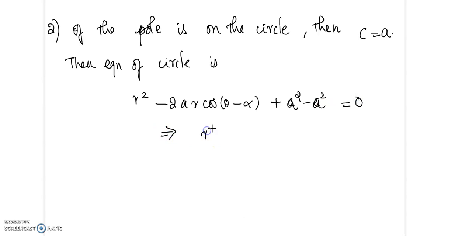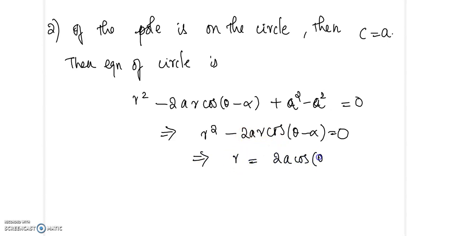So that implies you will have r square minus 2ar cos(theta minus alpha) equal to 0. Again an r will cancel off here, so we will get r equal to 2a cos(theta minus alpha). So this will be the equation of the circle.